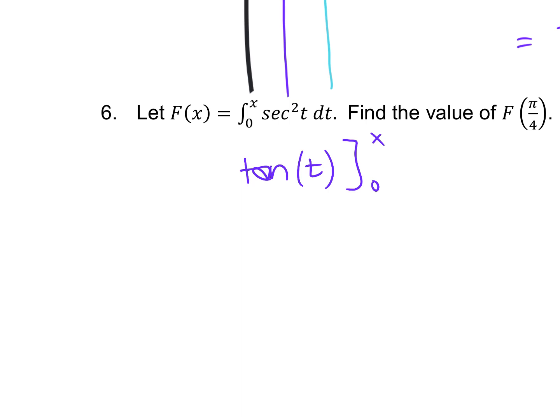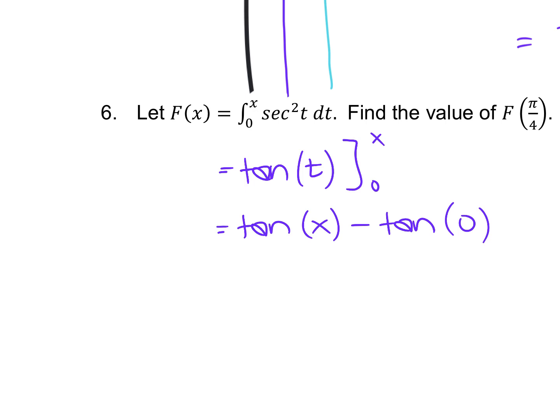So evaluating it at x just means that we're removing what? Removing the t and in place of it putting in the x, right? Oh, and then we're solving. Minus. So then we have minus tangent of what? Because we're still doing f of b minus f of a. 0. Okay, we'll get to the f of pi over 4 in a minute. Right now we just want to get the equation.